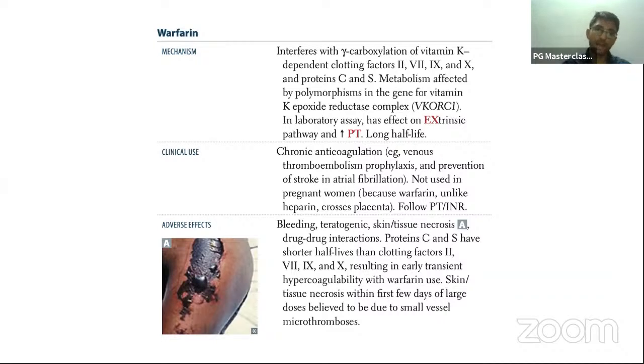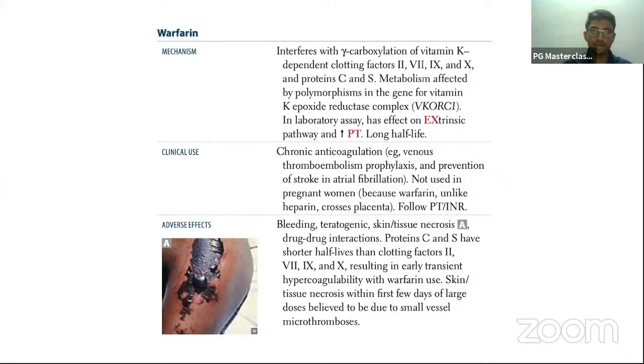Proteins C and S are anticoagulants. If warfarin inhibits them, the anticoagulation component will be gone and initially warfarin will be procoagulant. So the bridging therapy comes here: we will start heparin along with warfarin, later decrease the dose and stop heparin after 3 days, and continue the oral anticoagulant to discharge the patient.